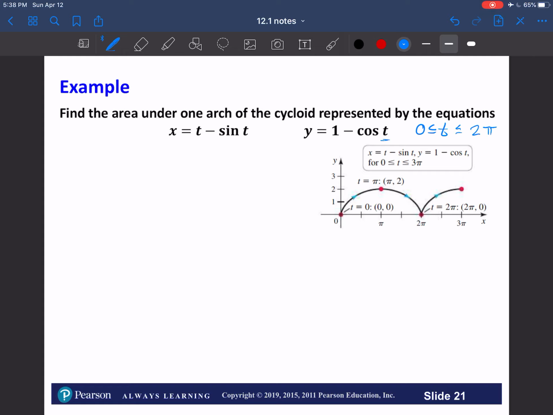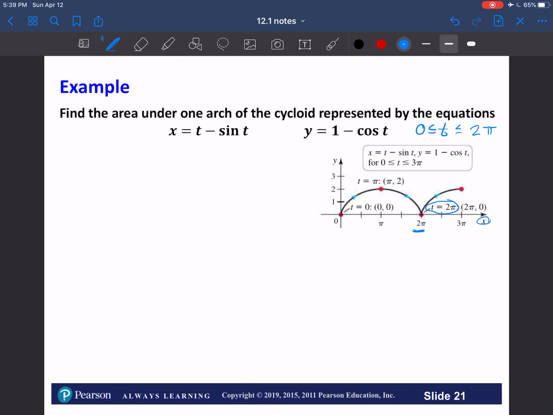And so the bounds for us are 0 to 2 pi. Alternatively, you can just look at the picture and notice that this occurs at 2 pi. Actually, I shouldn't circle this 2 pi, because this 2 pi is with respect to x. It's at this 2 pi that you should note.